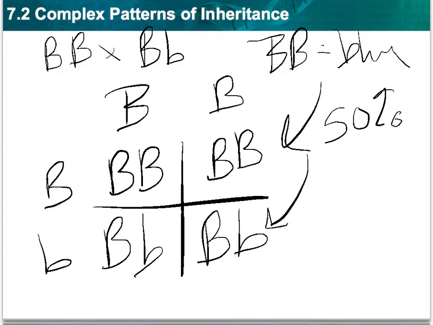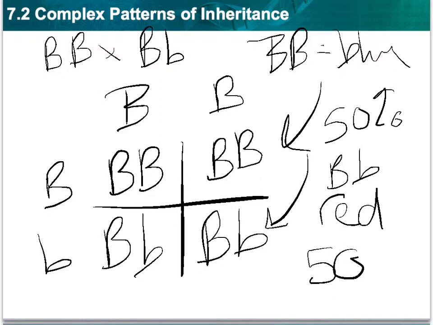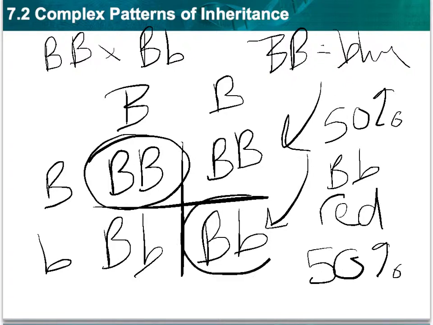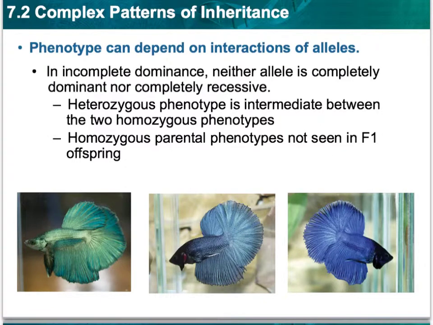And down here, we're going to have little b little b, which yields red. And again, we're going to have 50% of there. So the genotypic ratio is a 1-to-1 homozygous dominant to heterozygous. And the phenotype would be blue to red.